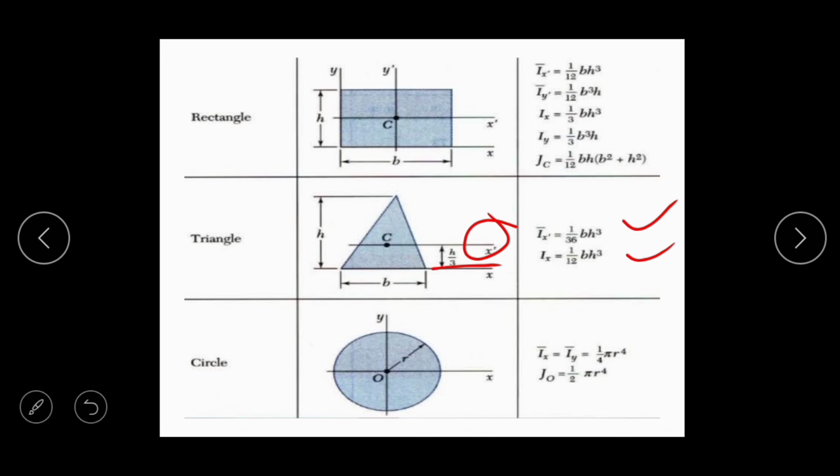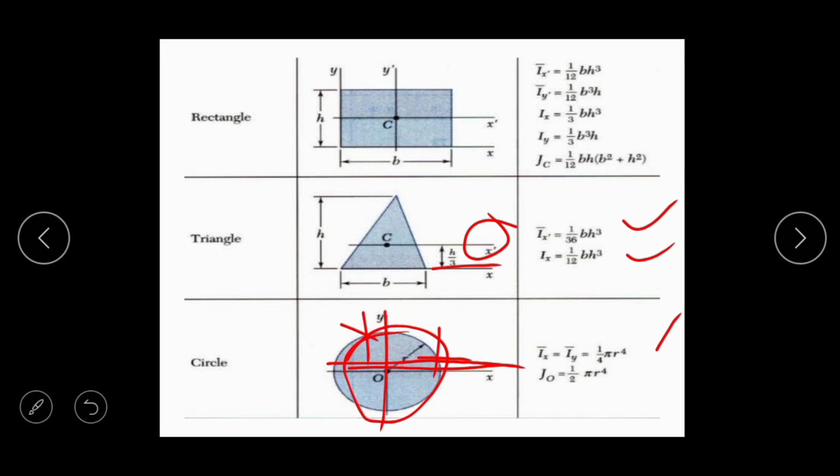So for the circle it is pi r to the power 4 by 4 if the axis passes through the centroid of the circle. So the diameter of the circle is the same at all points, that is why the moment of inertia for this circle is the same at all points.